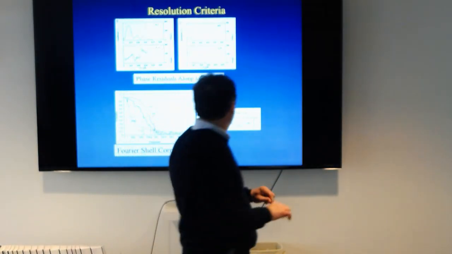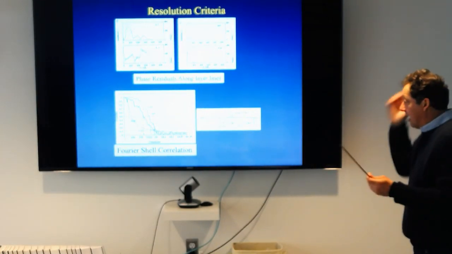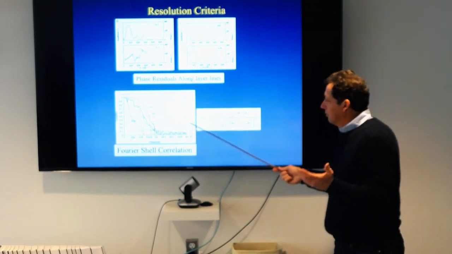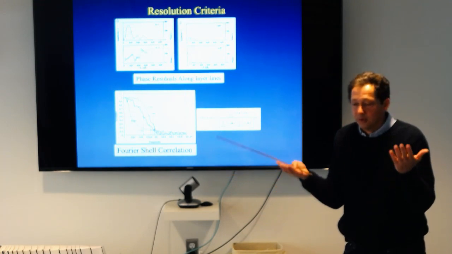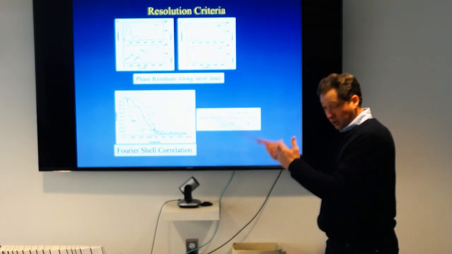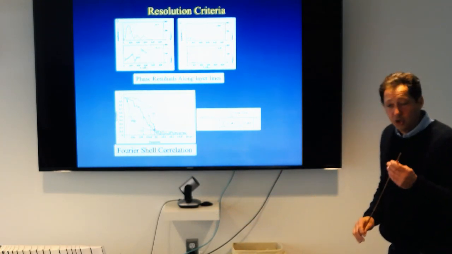So we're almost done. Resolution criteria: as most people use now, you calculate two maps and do a Fourier shell correlation at the end, with all the good and bad that a Fourier shell correlation does.